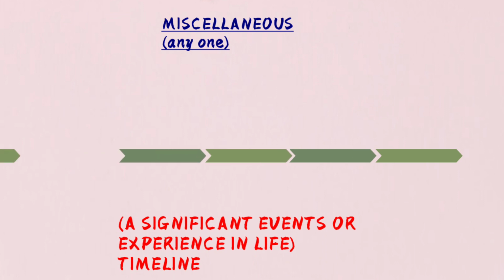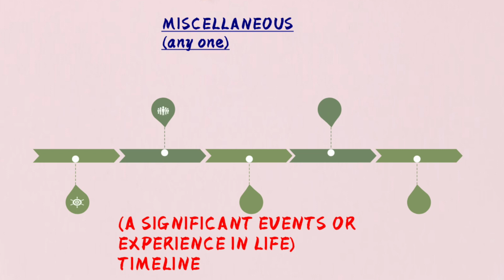Yes, so this is the miscellaneous activity, and everyone has to attend. This is about significant events or experiences of life. They have to make a timeline of their significant events or experiences in life.